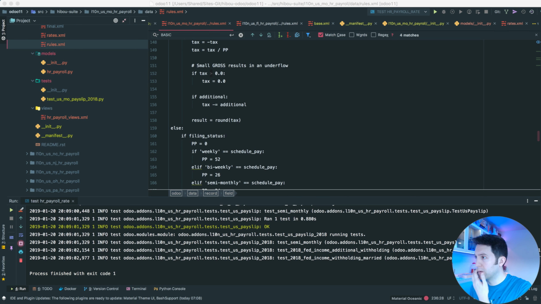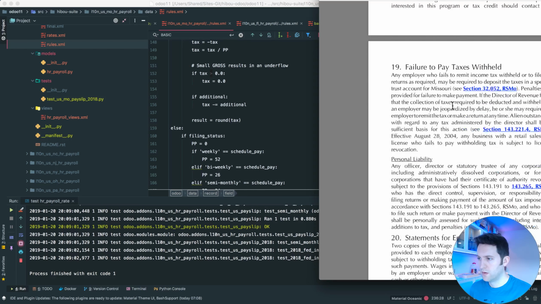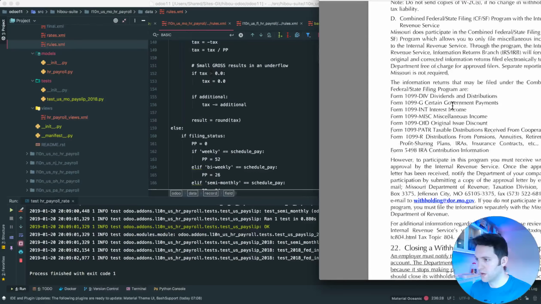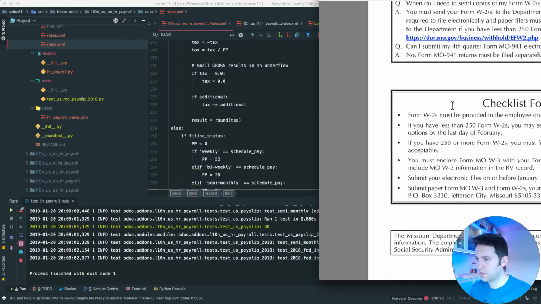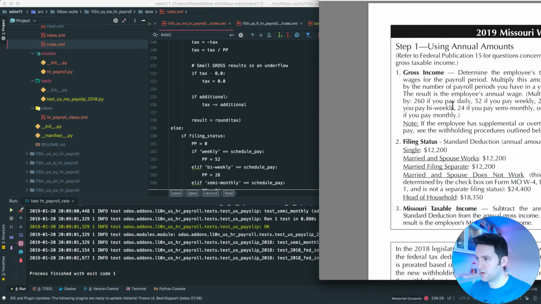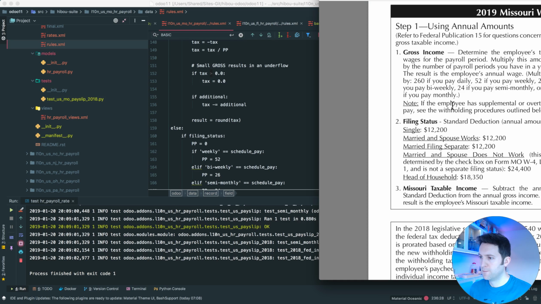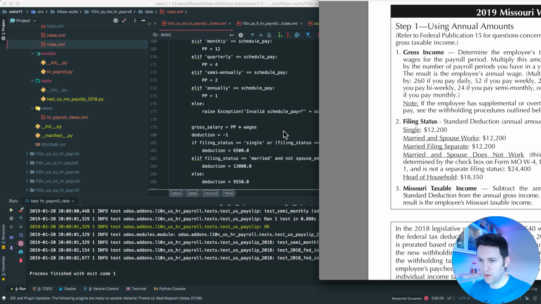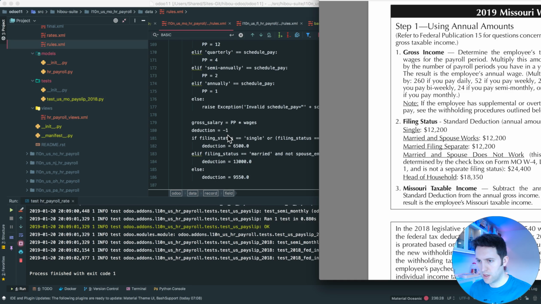Alright, so let's get the 2019 up. Scroll, scroll, scroll until we find it. Okay. Gross income, which we already feel like we have for sure. We'll come down to these withholdings or deductions here.